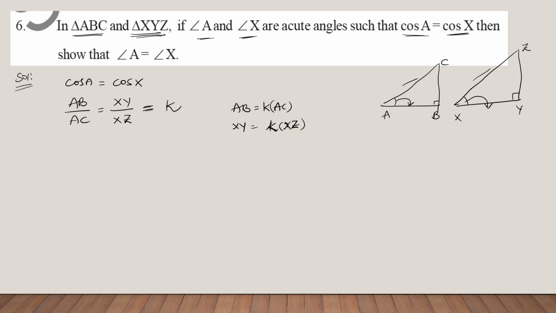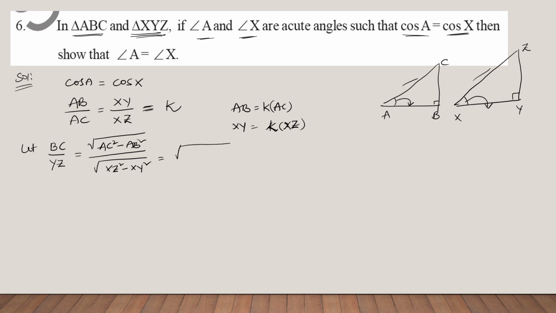Now what is the side which we left over here? AB and AC we have already used. So what I am going to take is the third side. In triangle ABC, BC is the third side, and in XYZ, YZ is the third side. So I am going to consider those two. By using Pythagoras theorem, BC I can write as square root of hypotenuse square minus side square, so AC square minus AB square, divided by square root of XZ square minus XY square.